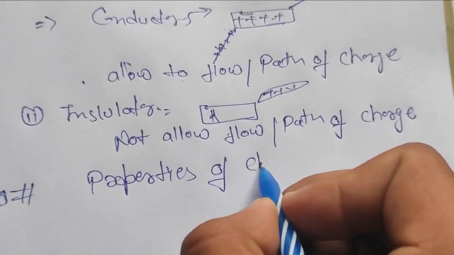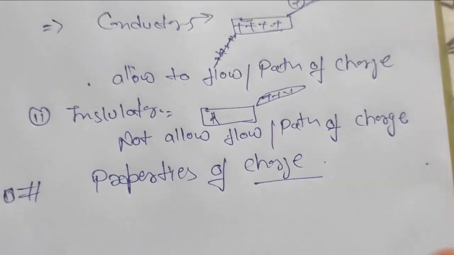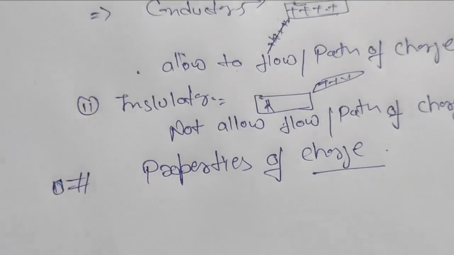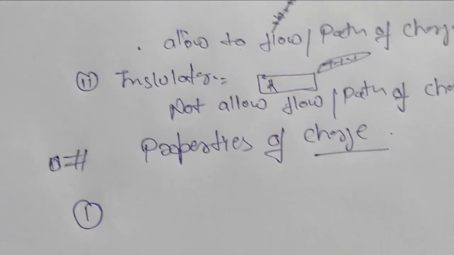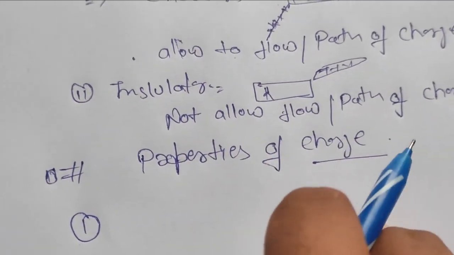Properties of charge. In the previous class I explained the basic definition of charge. Now the properties of charge are quite interesting. The first property: charge can be positive or negative, and charge is always an integer.